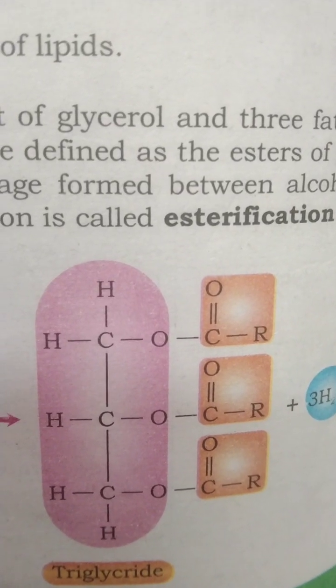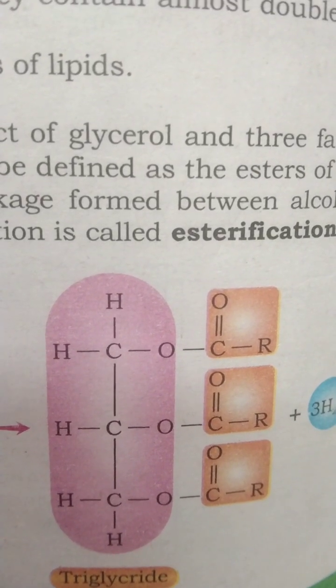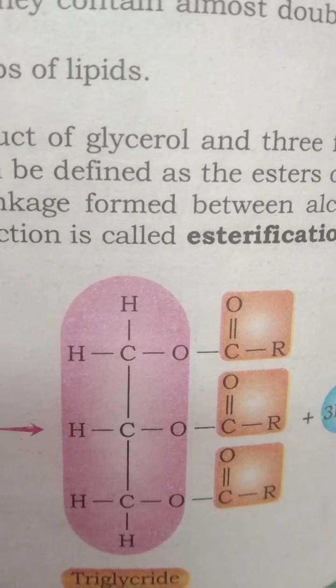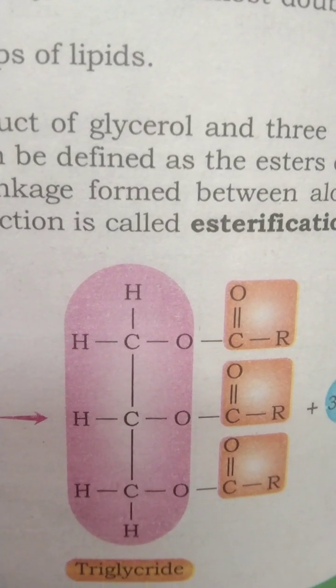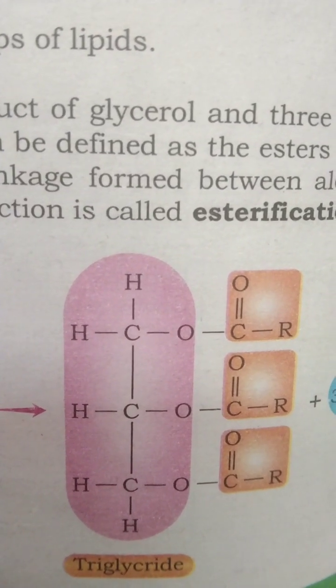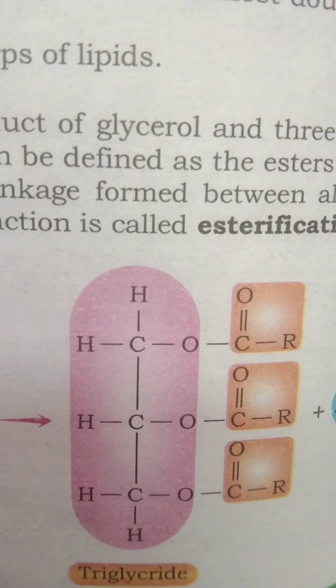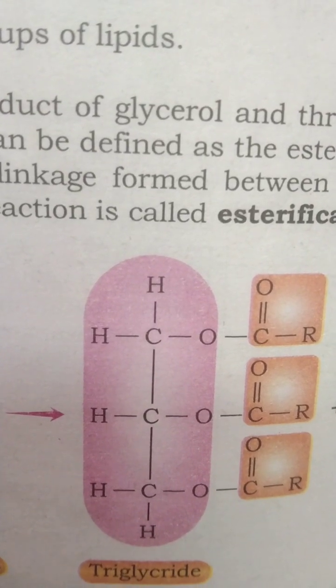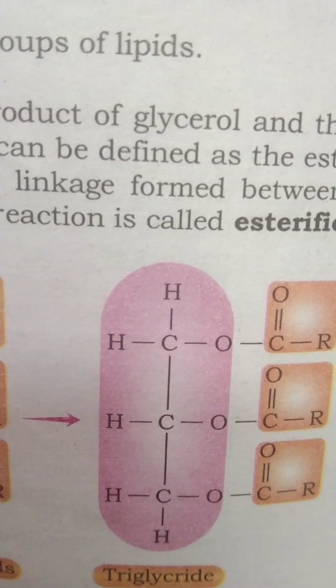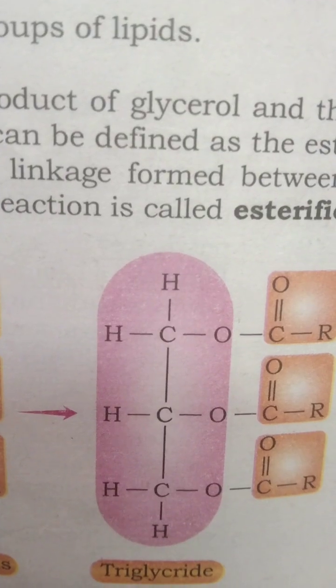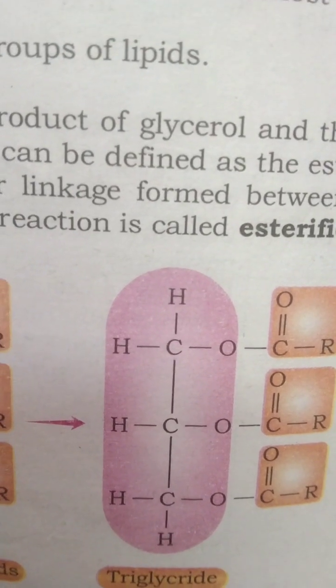When three fatty acids combine with one glycerol. Glycerol is a trihydroxy alcohol, with 3 carbons each with an OH group, while a fatty acid is a type of organic acid which has a carboxylic acid group and a chain.